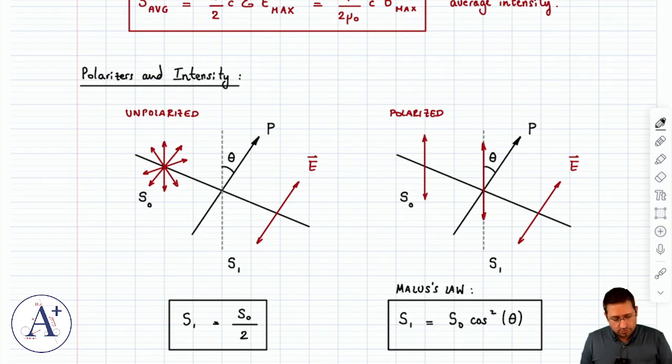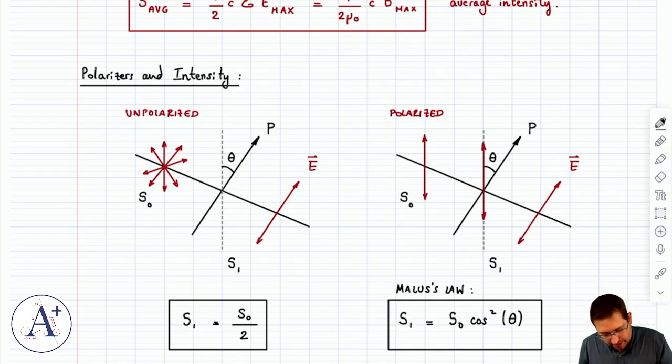Malus's law refers to the case where you have polarized light going through a polarizer and it emerges rotated by an angle theta. Now, if theta is 0, the polarizer is aligned with the light. Cosine 0 is 1, so you don't lose any intensity because your light's already in the direction of the polarizer, goes straight through, nothing happens.